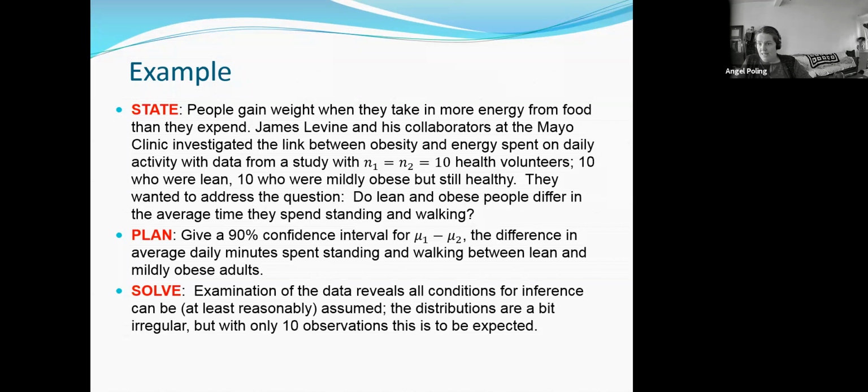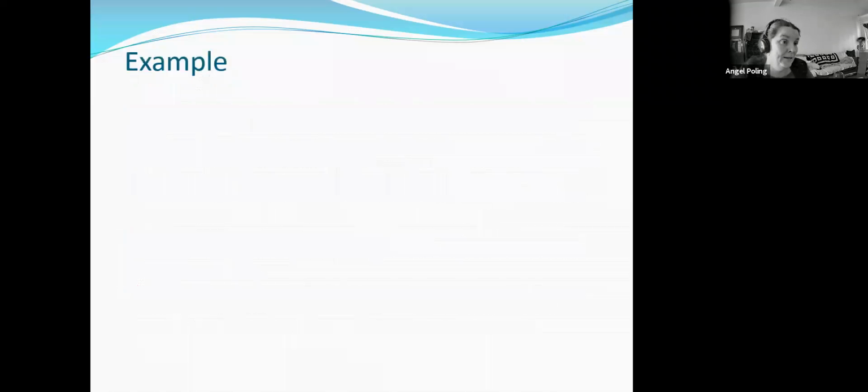Solve. Examination of the data reveals all conditions for inference can be at least reasonably assumed. The distributions are a bit irregular, but with only 10 observations, this is to be expected. But 10 plus 10 gives us 20, which is greater than that 15 that we were looking at earlier.